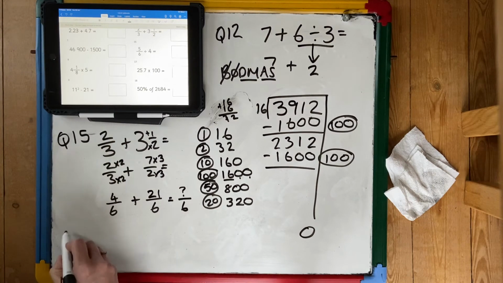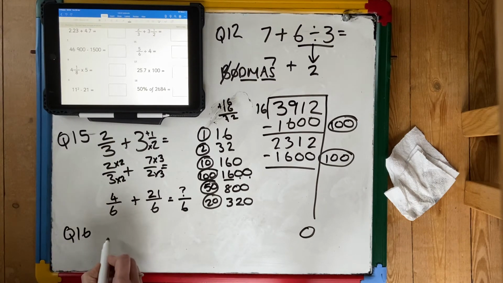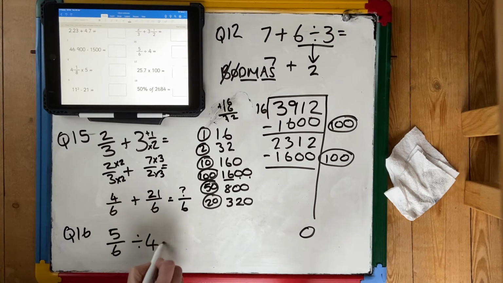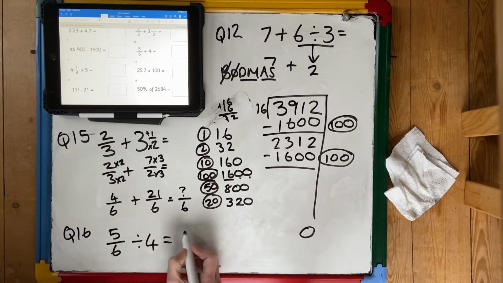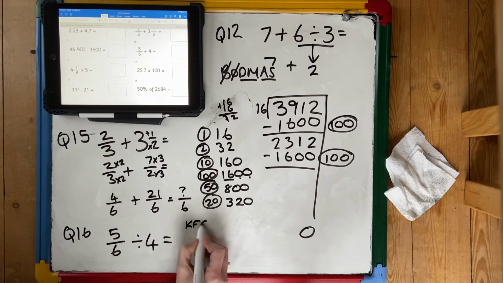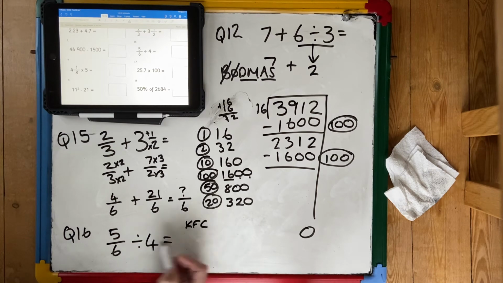Question 16. 5/6 divided by 4. When you're dividing fractions, you need to use KFC: keep, flip, change. So keep the first fraction, 5/6.